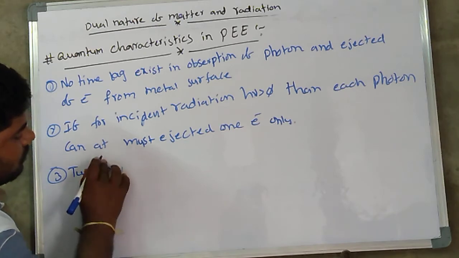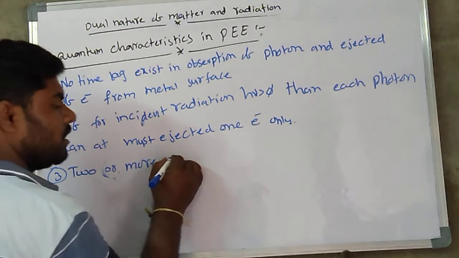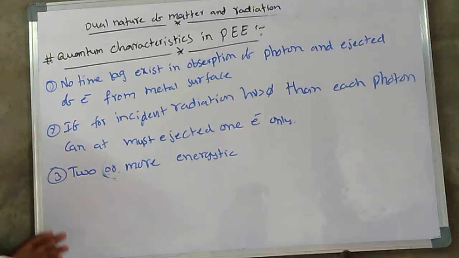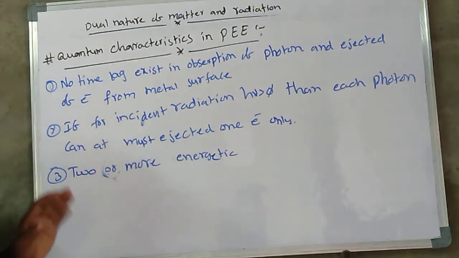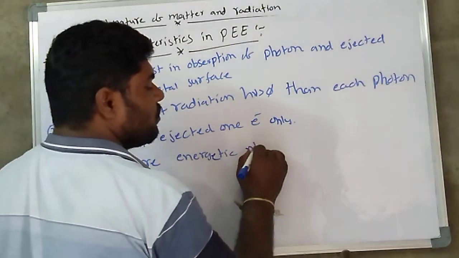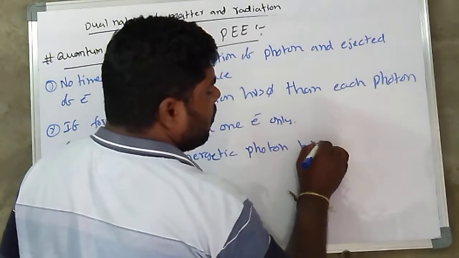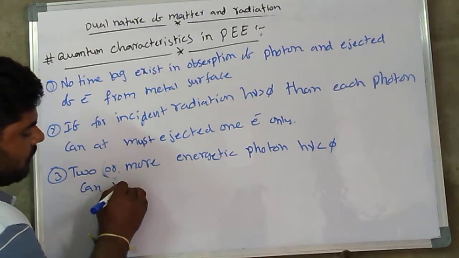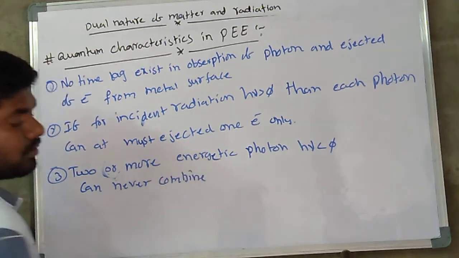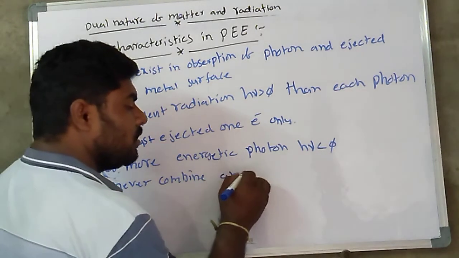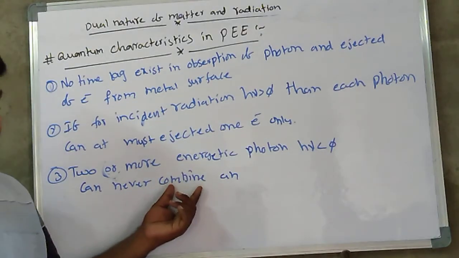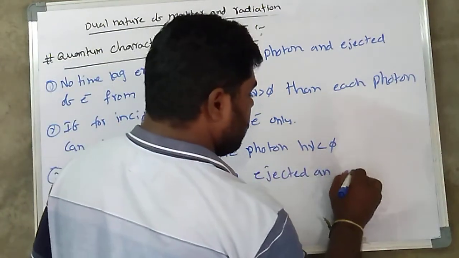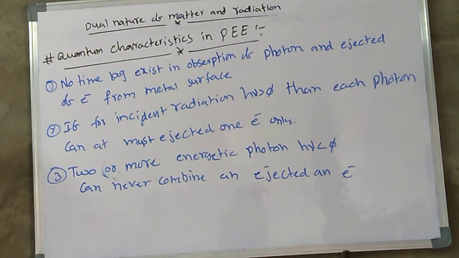Now the third one, very very important: two or more less energetic photons, with h mu less than the work function, can never combine to eject an electron from the metal surface.